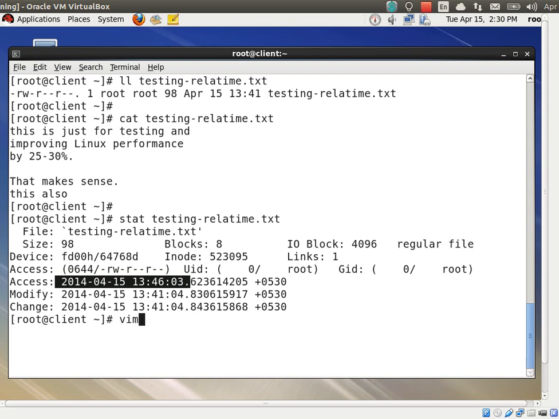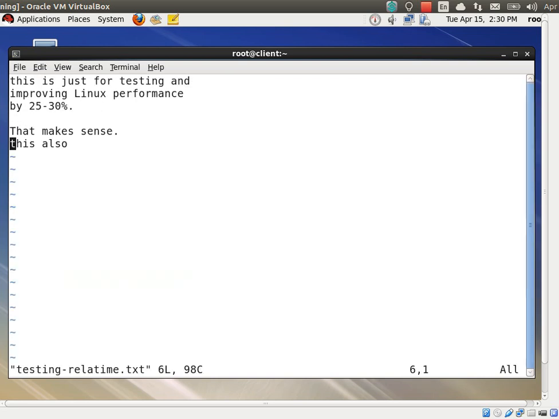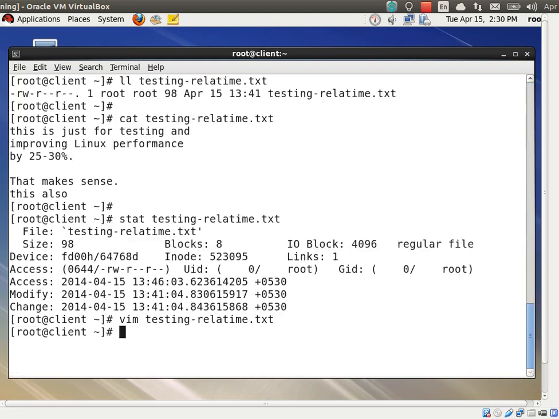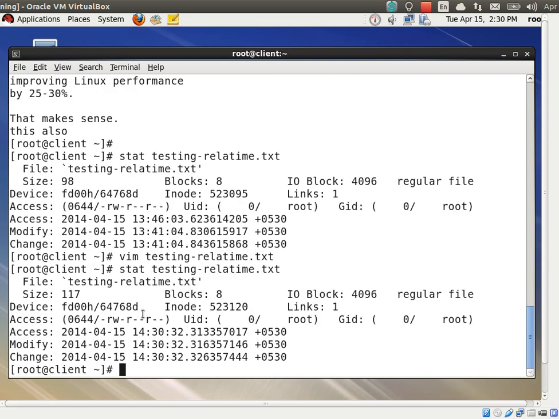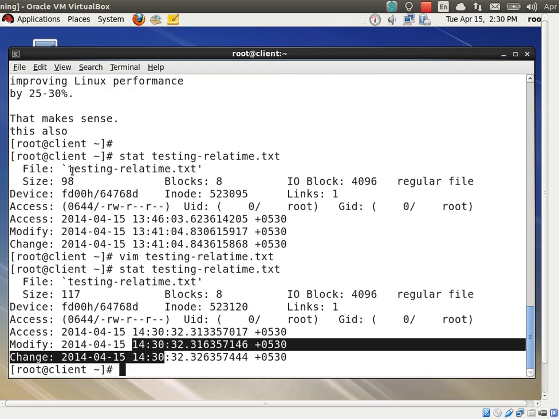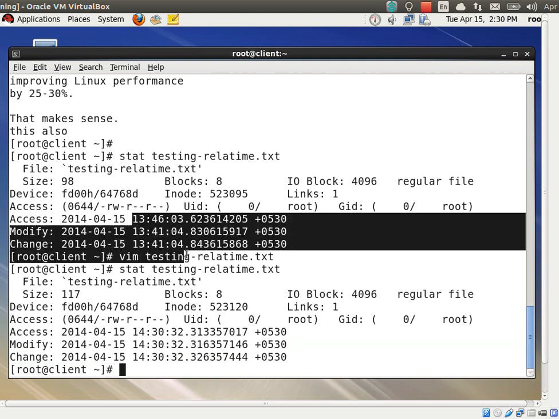Now if I modify this, say this makes sense, and this one for you, and I save and come out. Now I give the stat command. You can see the current time 1430 is coming now. It has changed straight away.